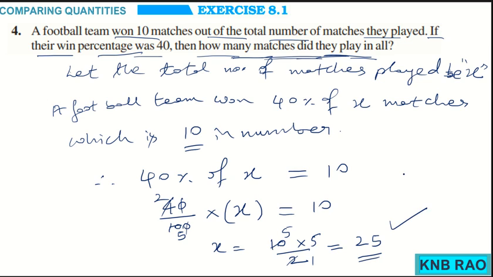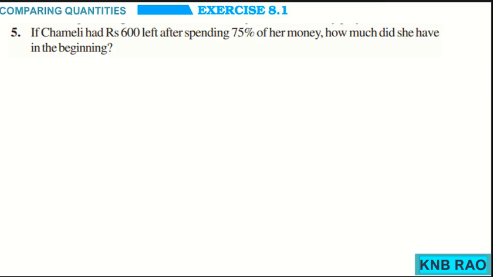Now, we shall solve question number 5. Question number 5: Chameli had rupees 600 left after spending 75% of her money. See children, simple question, she has already spent 75% and is left with rupees 600.